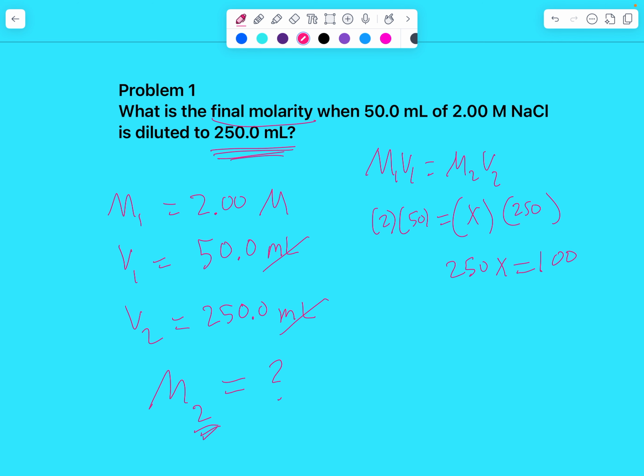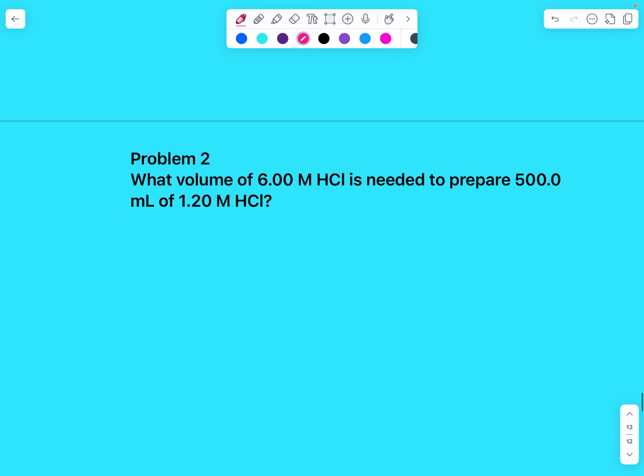I'm going to divide both sides by 250, and by doing that, I'm going to get 0.400 molarity, and that would be the answer. If you have any questions about that, because I know that's kind of new, let me know in the comments, but hopefully that did make sense. Let's move on to problem number 2.